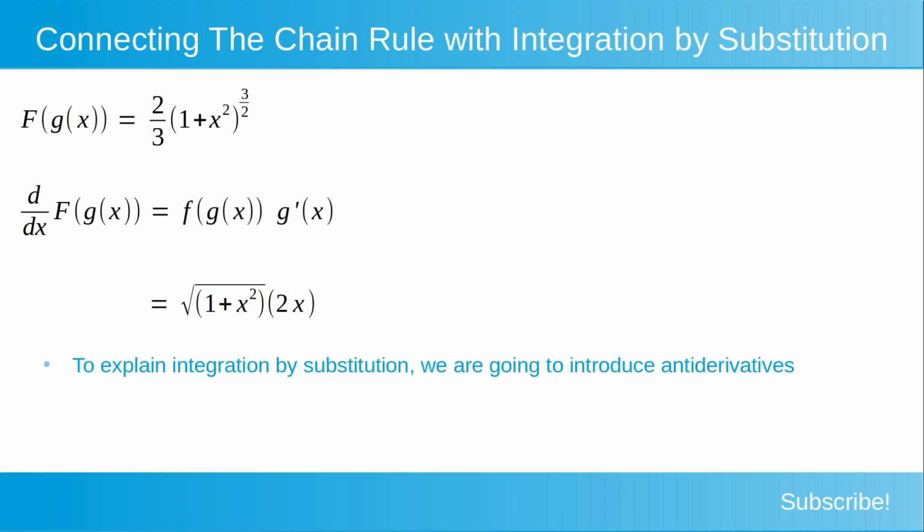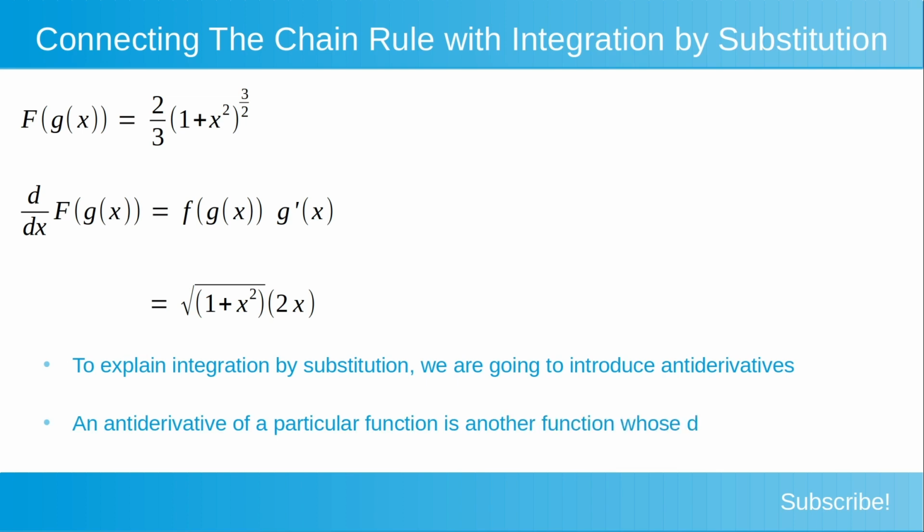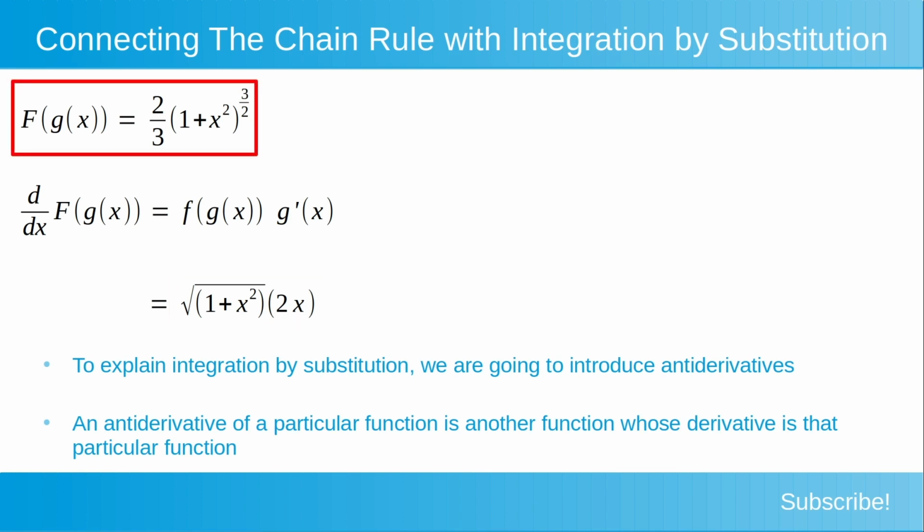To explain integration by substitution, we're now going to introduce antiderivatives. An antiderivative of a particular function is another function whose derivative is that particular function. This function, which is currently highlighted in red here, previously we calculated that this is the derivative of this other function, which is now currently being highlighted at the top of the screen.